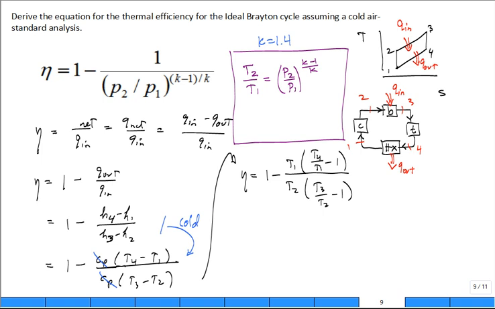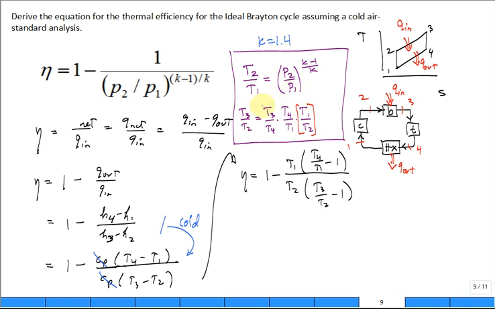Now, the other thing is we have to work with this expression T3 over T2. Is that equal to T3 divided by T4 times T4 divided by T1 times T1 divided by T2? Does that look reasonable? And this ratio right here, 1 to 2, is the reciprocal of the line above, true?